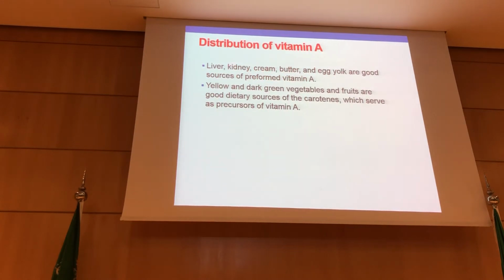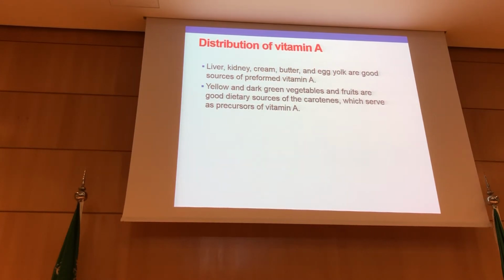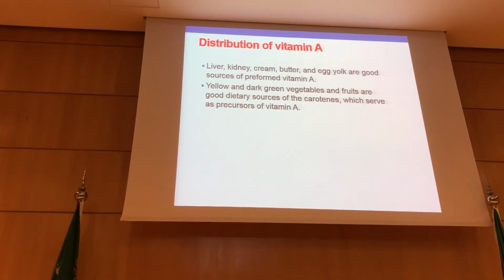Now, where do we find vitamin A? We find it in large amounts. Pay attention, please, I want to say something very important. It is present in large amounts in the liver.